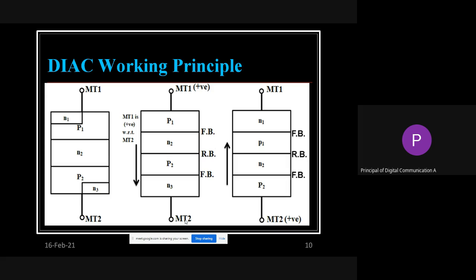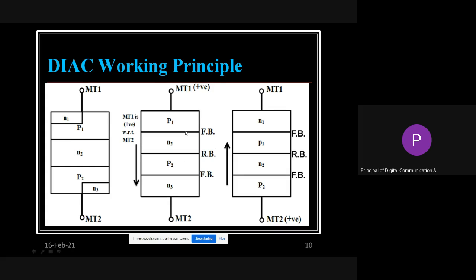It is the working of this diac. And when it crosses this breakover voltage, the reverse bias depletion layer that was formed will vanish or get destroyed.